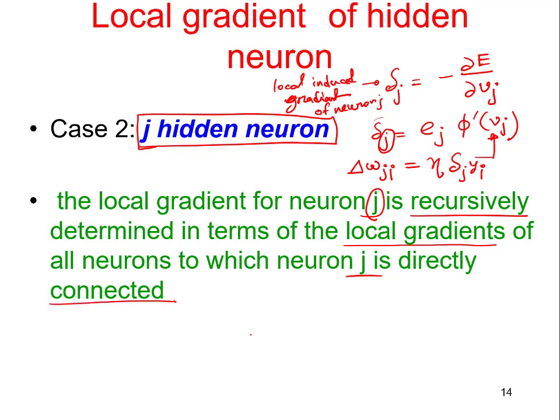For example, suppose this is the output layer with three nodes, which can be considered as the k layer. Before that there is a p layer, considered a hidden layer, with four nodes, and before it a jth layer with three nodes.